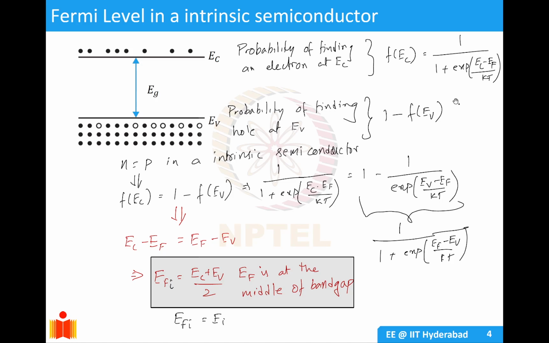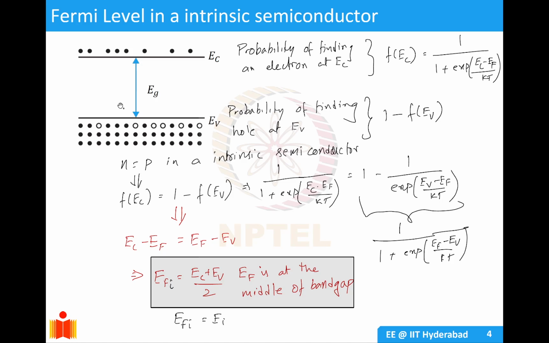That is the probability of finding an electron at the level EC. The probability of finding an electron at the EV level is f of EV equals 1 upon 1 plus exponential of EV minus EF by KT, but finding a hole is the opposite of finding an electron. So the probability of finding a hole is 1 minus f of EV.